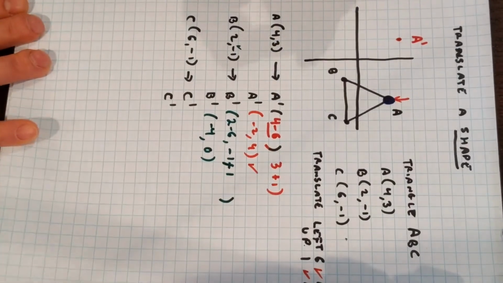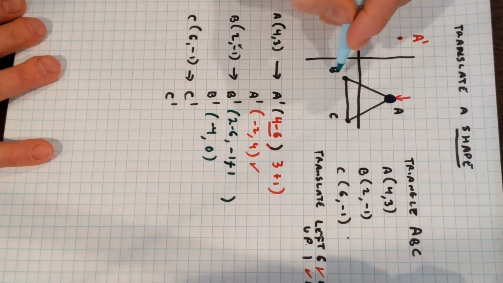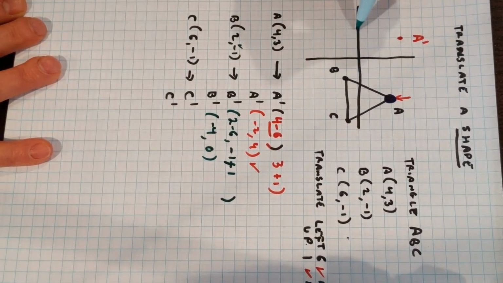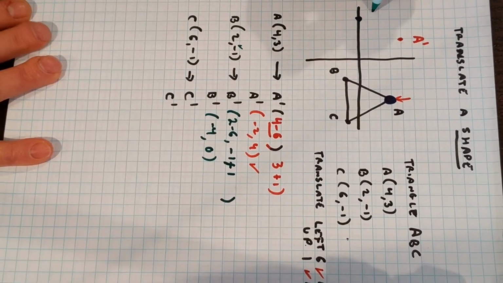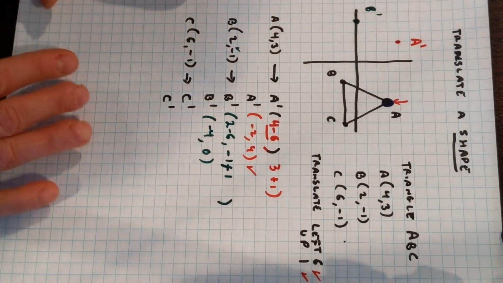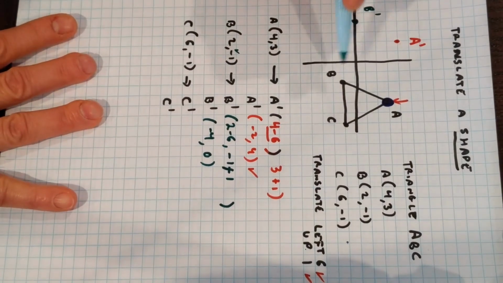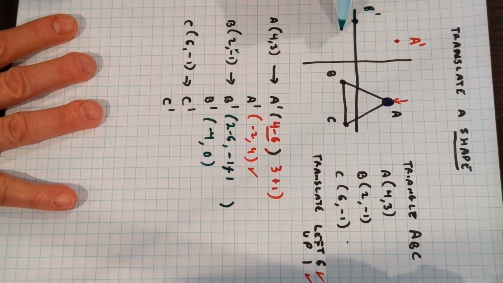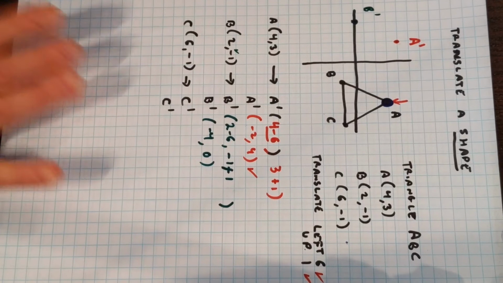Let's check to see if it graphically works fine for us. (-4, 0). Located right here. Now let's check to see if that corresponds to the left 6, up 1. 1, 2, 3, 4, 5, 6, up 1, it matches.